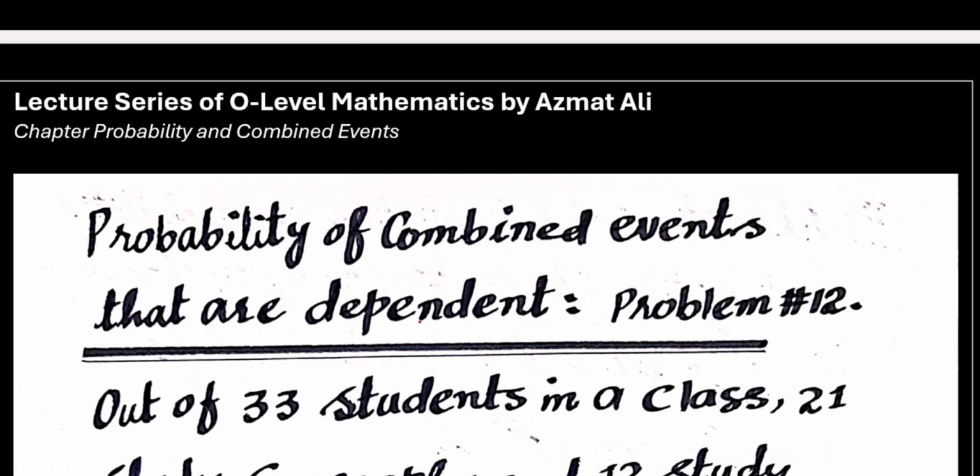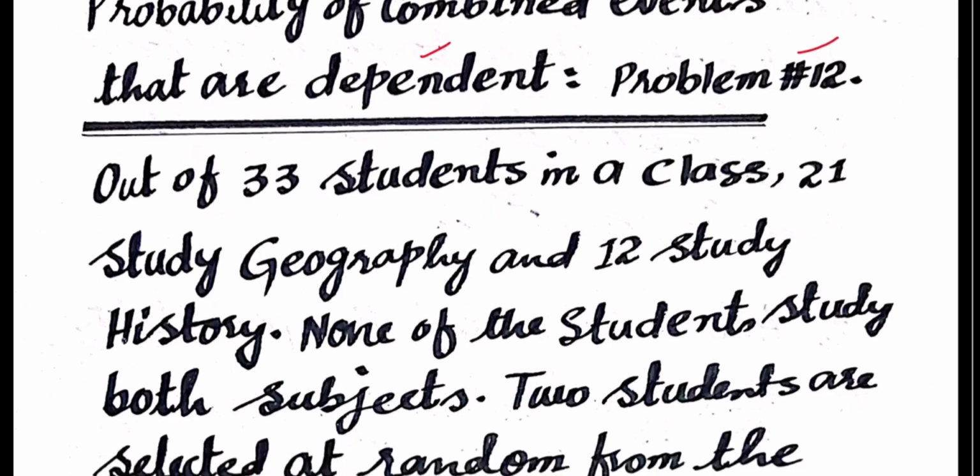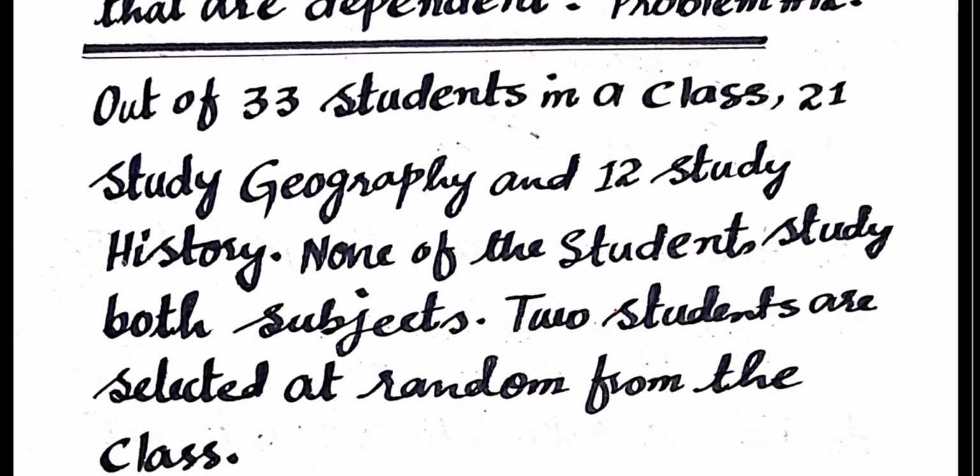This is problem number 12, and I have specifically written probability of combined events, they are dependent. In this problem, there is no clue specifically mentioned that the problem belongs to dependent events. You have to judge by yourself.